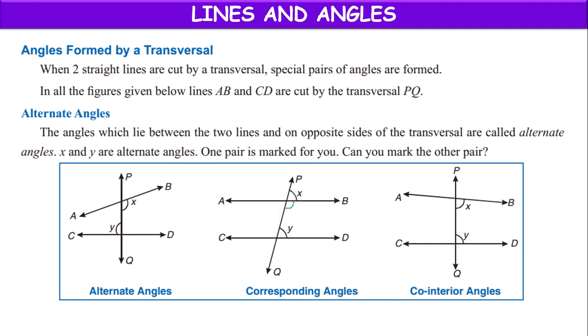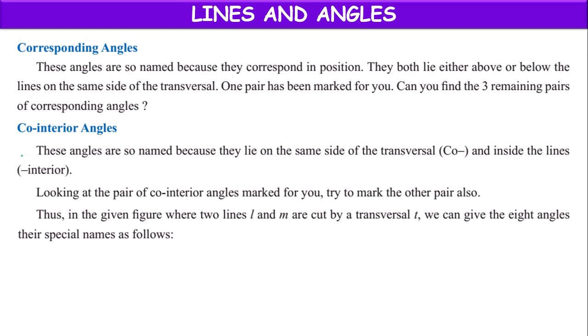Another pair, we can take this one, below the transversal A, below the transversal right side B, or we can take this pair C, D, above the transversal left side, or E, F, below the transversal on the left hand side. We can take these as the corresponding angles.